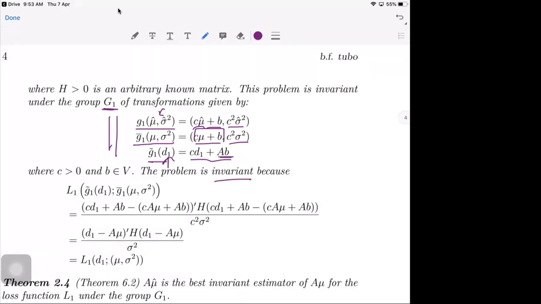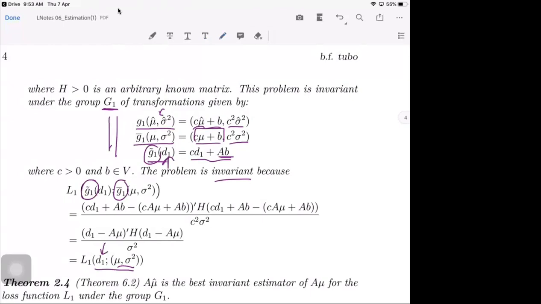Now, we say that it is invariant if we find the loss function of that transformation, in your action space or your parameter space, and the loss function will be equal to the original. As if you are dealing with the original D1 and your parameter space mu, sigma squared.